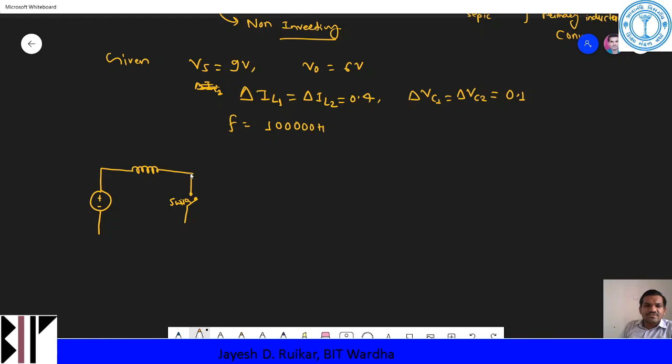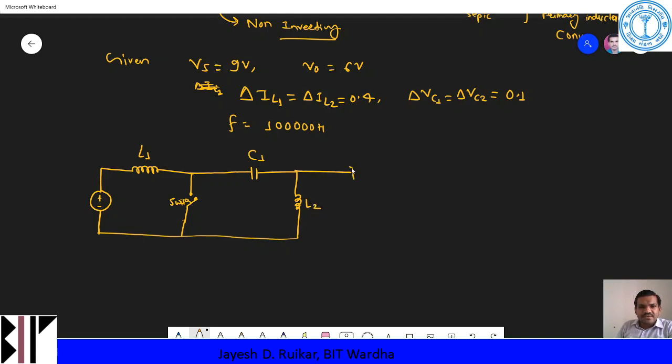The inductor is connected to a capacitor, and then it connects to the second inductor, that is L2 in this case. This is L1, this is C1, the bypass capacitor, and this is L2.